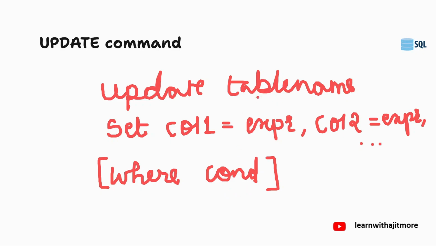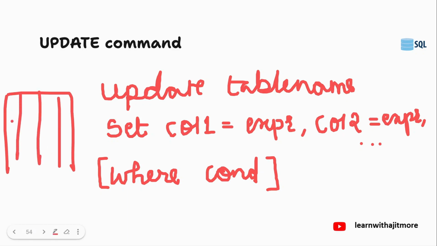Means all the records in your table, the records which satisfy this condition, only those records' column values will be modified. Otherwise, as I said, in this table there are multiple columns and many rows. If you don't give the condition, it is going to modify all the values of that column. All the values in that column get modified.